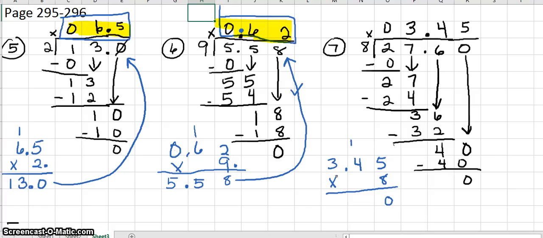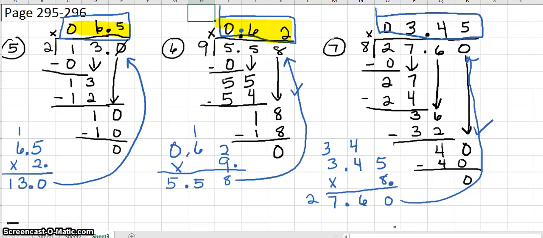Put my 0 down, carry my 4. 8 times 4 is 32, plus 4 is 36. Put my 6 down and carry my 3. 8 times 3 is 24, plus 3 is 27. How many numbers are behind my decimals? There's 2, so 2 would be in my answer, and I'm going to check, and sure enough, it matches my dividend, so that means this is my answer right here.